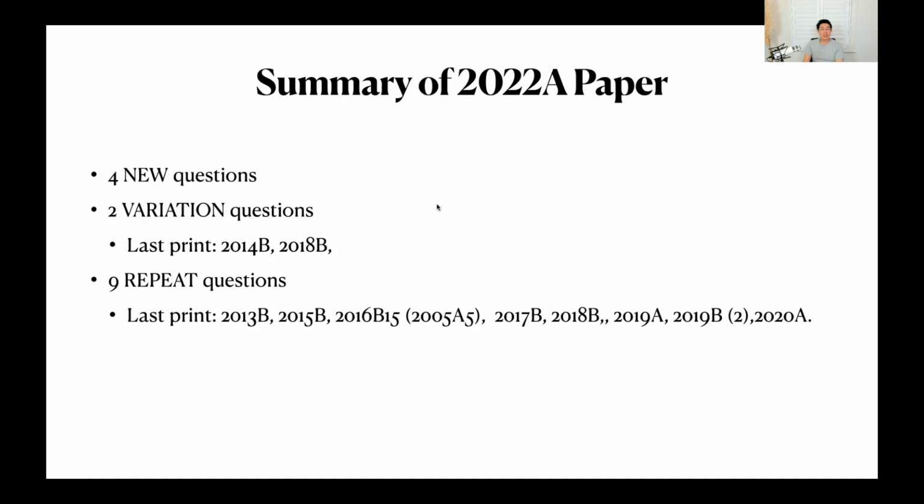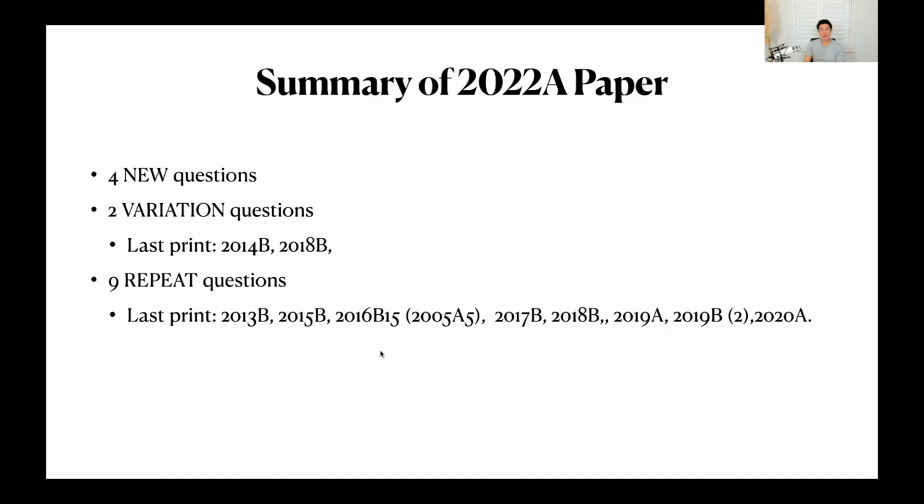So in summary, there were 4 new questions in the 2022 paper. Two of the questions were variation questions, where the last print was 2014 and 2018, and there were 9 repeat questions, spanning from 2013 to 2020.